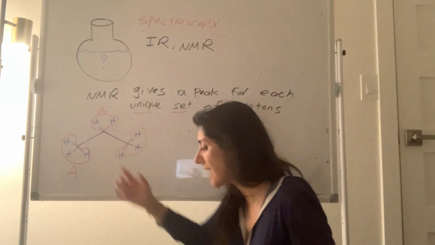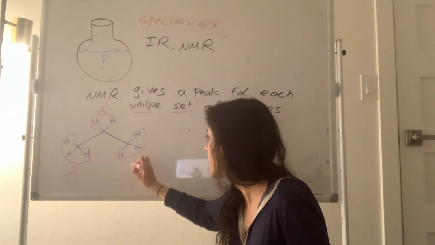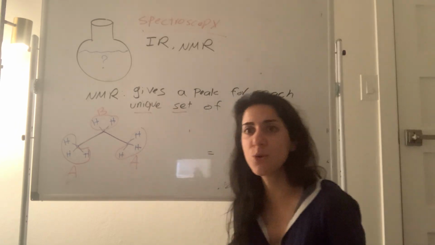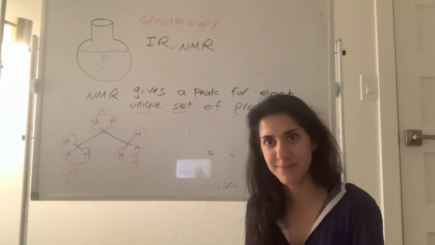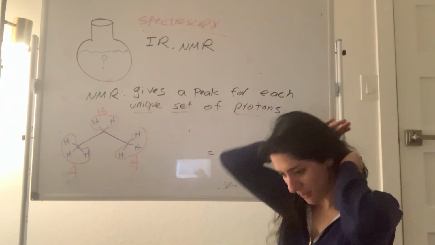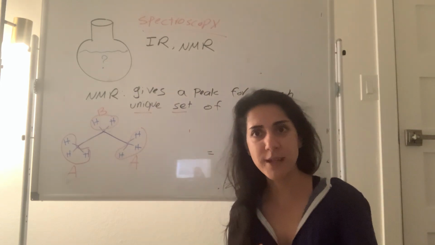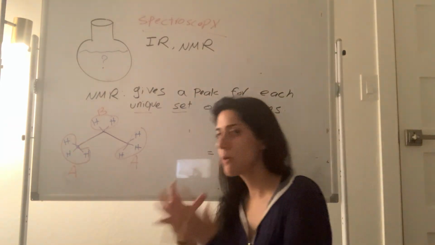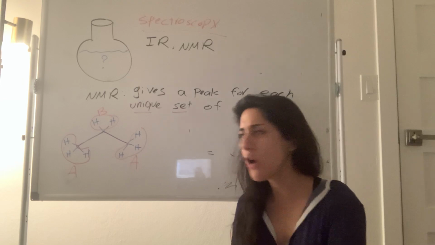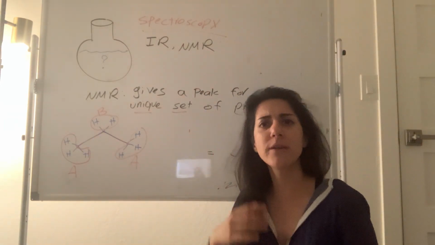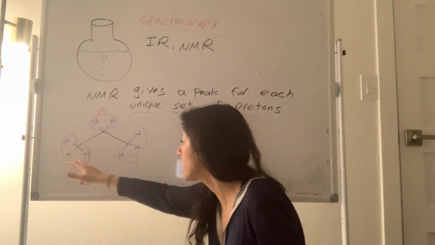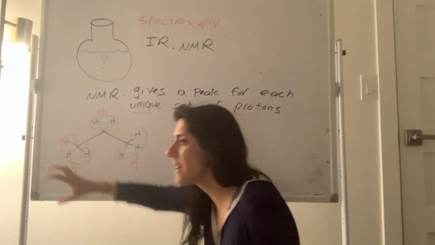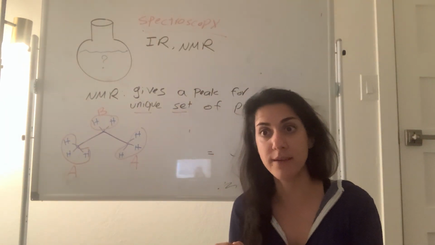If these have exactly the same neighbor, what does that mean? These are equivalent to each other. Yeah? Okay. So again, let's go over this one more time. These hydrogens are equivalent to each other. They're attached to the same carbon, and when you have a single bond, there's free rotation. So this is one unique set of protons.